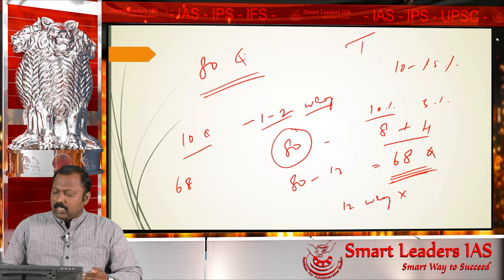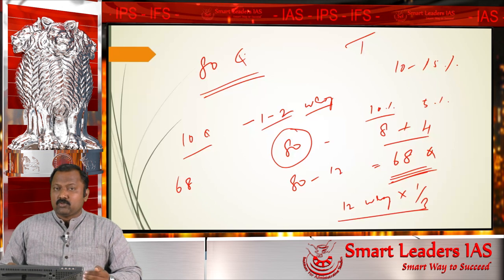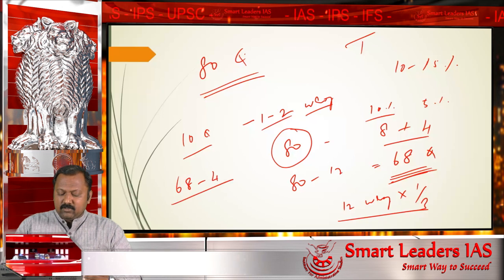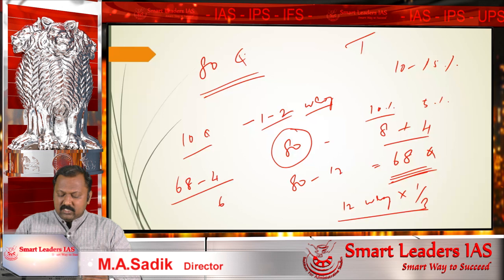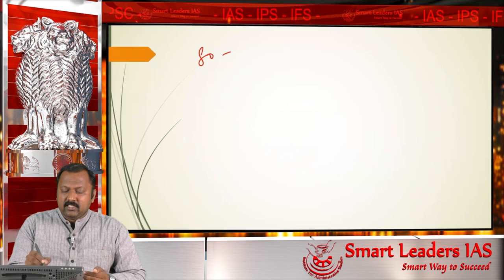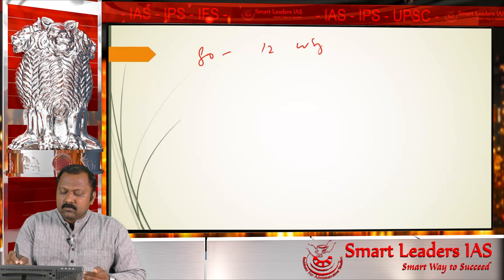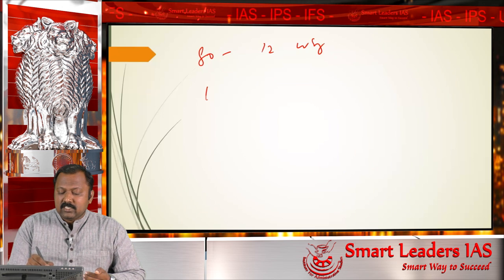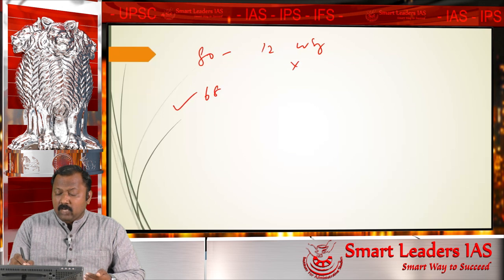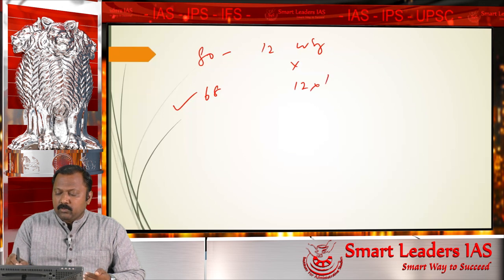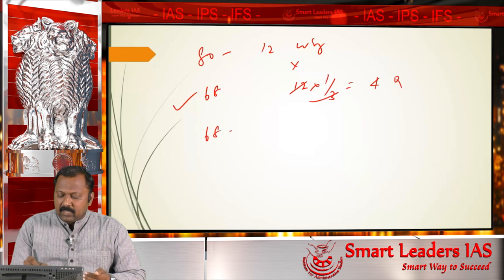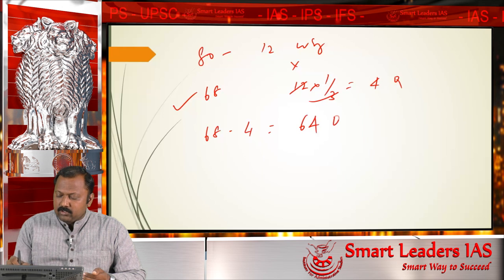For the wrong ones we have to calculate the penalty of 1/3, so 12 wrong questions into 1/3 is 4 questions. So 68 minus 4 is 64 questions.